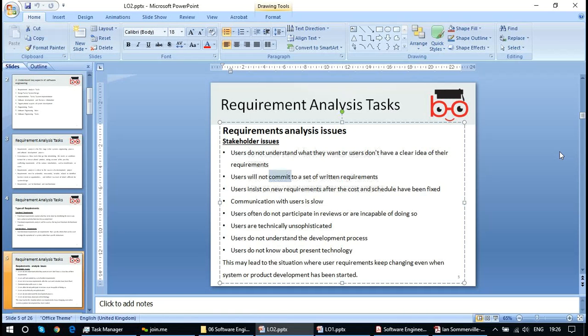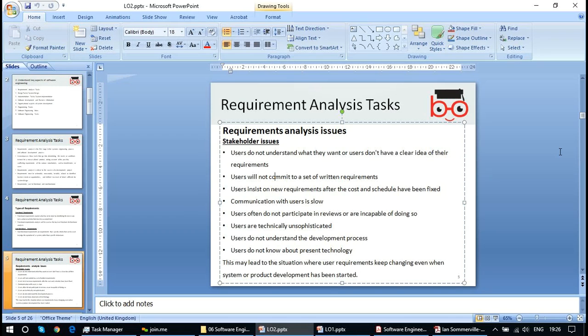Whatsoever they provide the written requirements, but they always try to change their minds. Users will not commit to a set of written requirements, no matter you give them any kind of best written document, but still, they won't be happy.